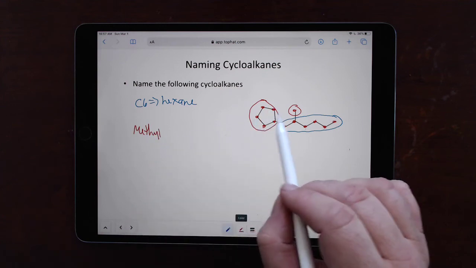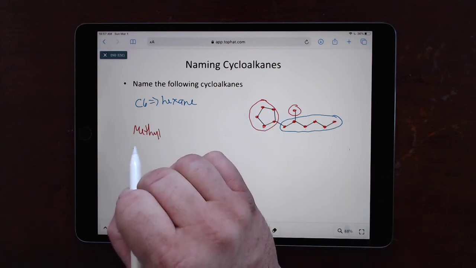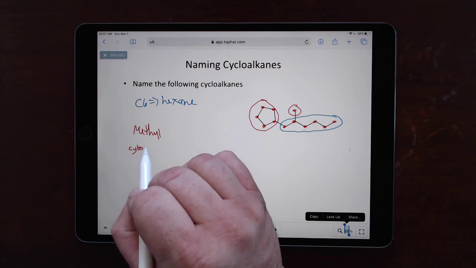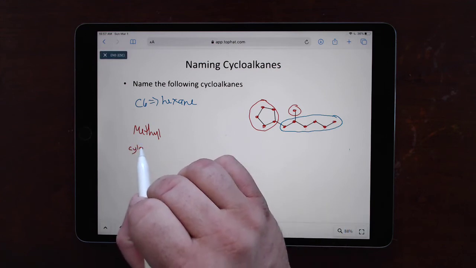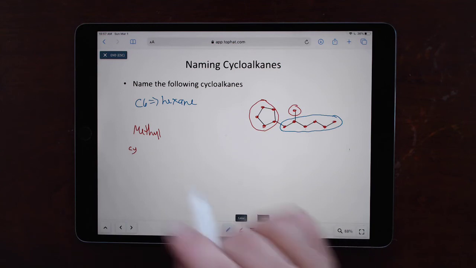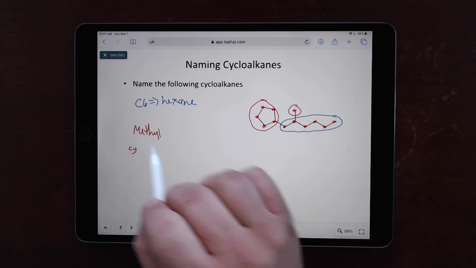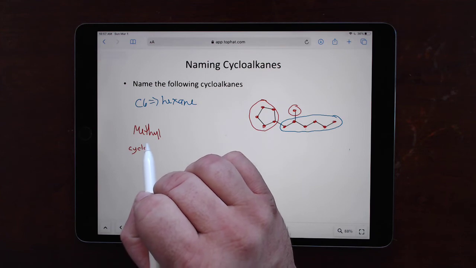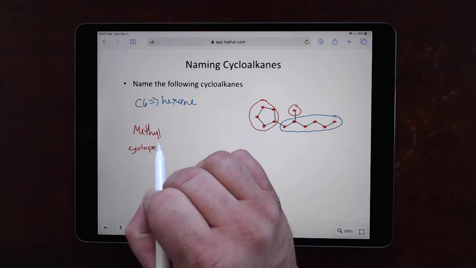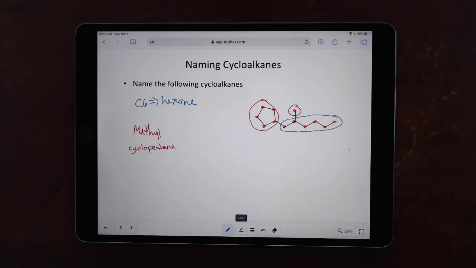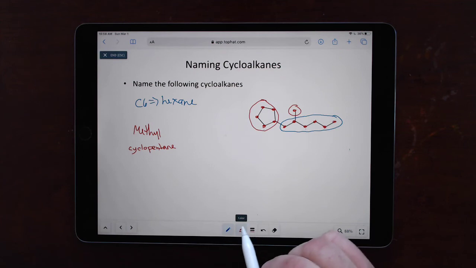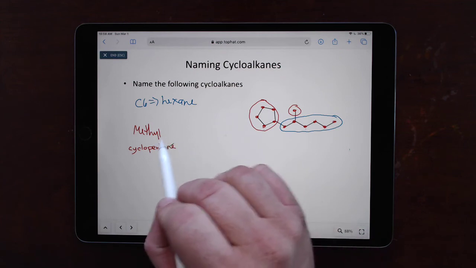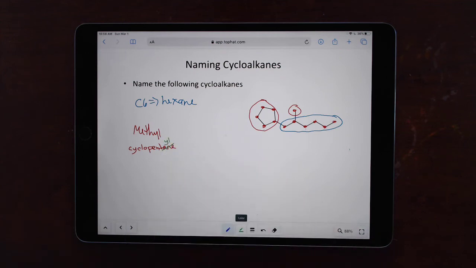Well, what about this? Normally it would be a cyclopentane, right? But just like we had methane becomes methyl, ethane becomes ethyl, cyclopentane becomes... I'm going to take out the A and E and add YL.